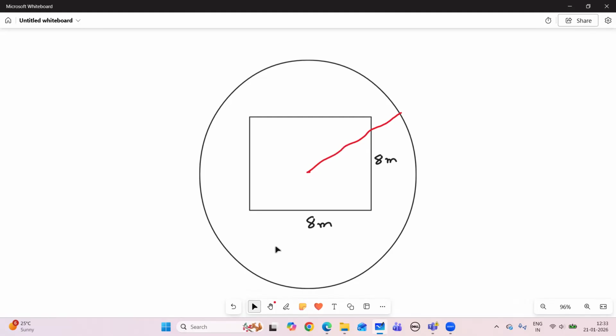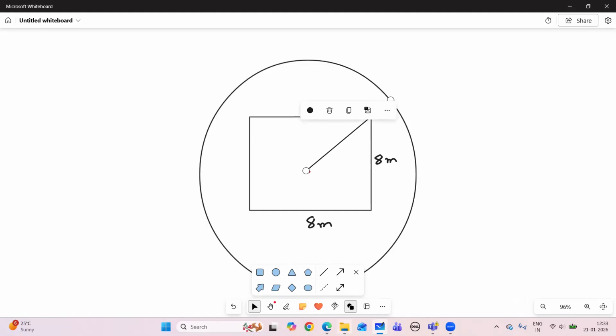So, yeah. Let me draw the radius. Okay. So this radius is given to be 20 meters.